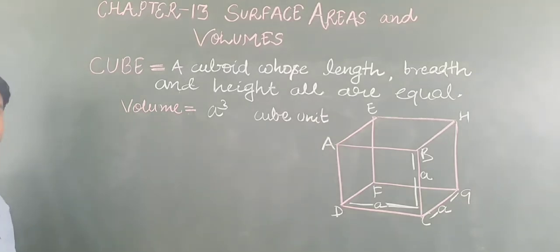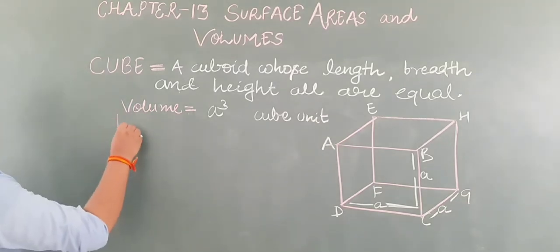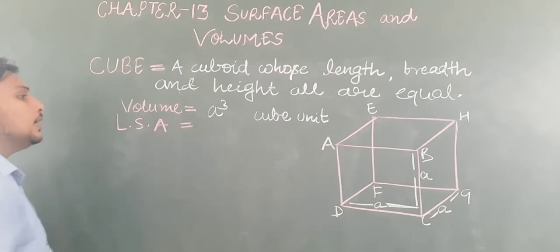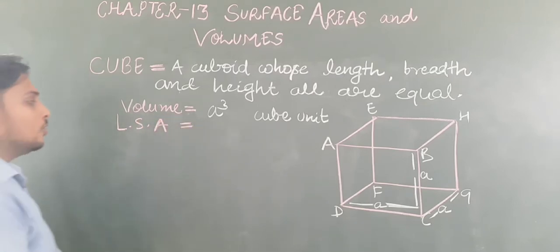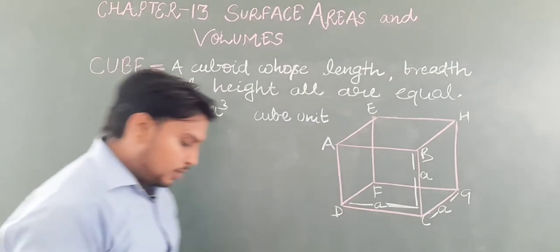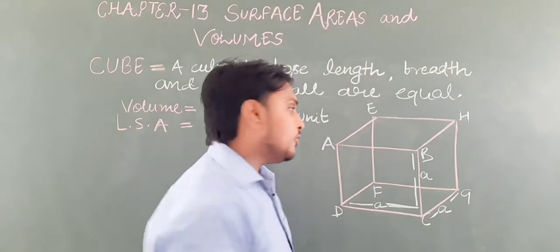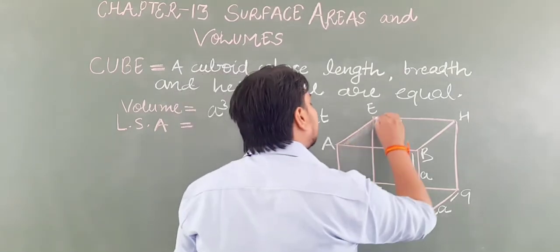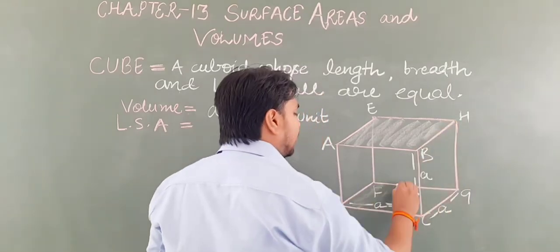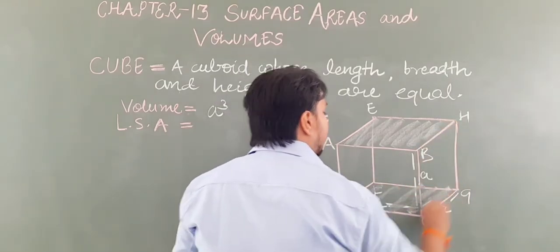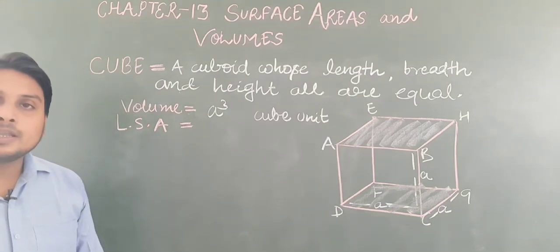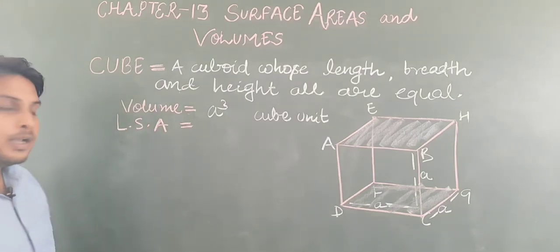If we talk about lateral surface area, I am writing it in short form, but you will write in the fair copy in full form. Lateral surface area. As I have told you, for lateral surface area, the area of the top and the area of the bottom are excluded.